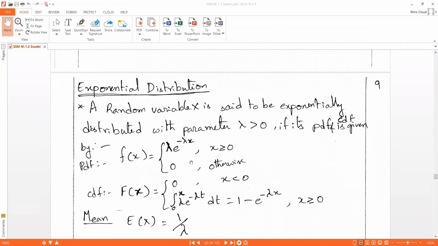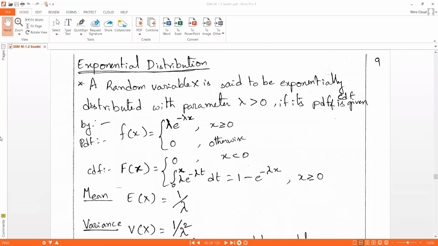Next, we have exponential distribution. In exponential distribution, a random variable x is said to be exponentially distributed with the parameter lambda greater than 0 if its PDF and CDF are given like this. PDF is f of x equal to lambda into e power minus lambda x for x greater than or equal to 0, otherwise f of x is equal to 0.